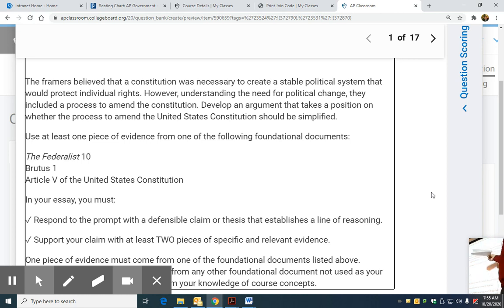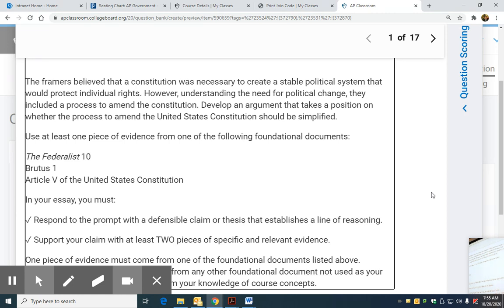The prompt addresses what the argumentative essay is going to be about. The framers believed that a constitution was necessary to create a stable political system that would protect individual rights. However, understanding the need for political change, they included a process to amend the Constitution.